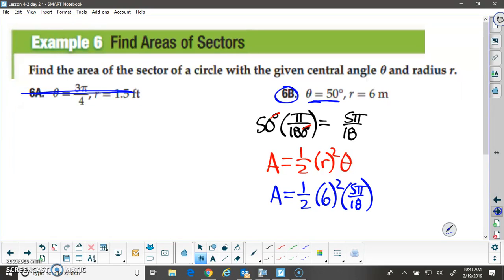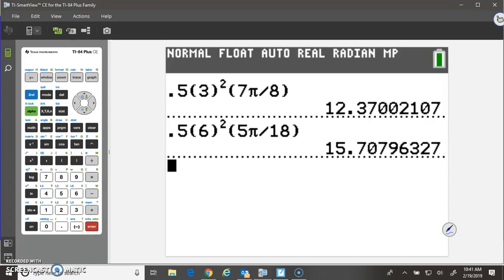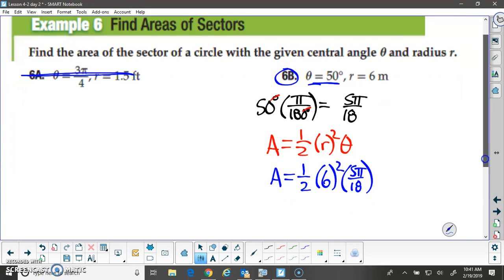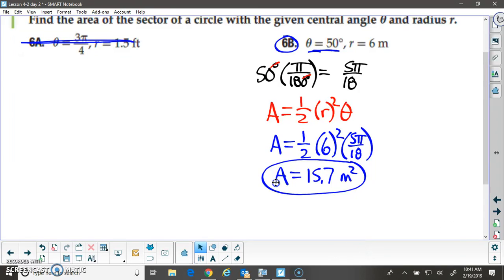So my area would be 1/2 times 6 squared times 5 pi over 18 for my angle. We get about 15.7. This is in meters squared. So, two pretty simple formulas to use on sectors of circles.